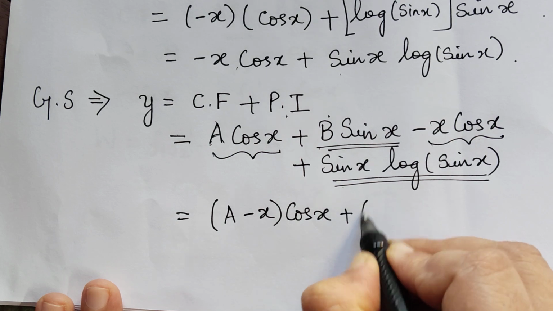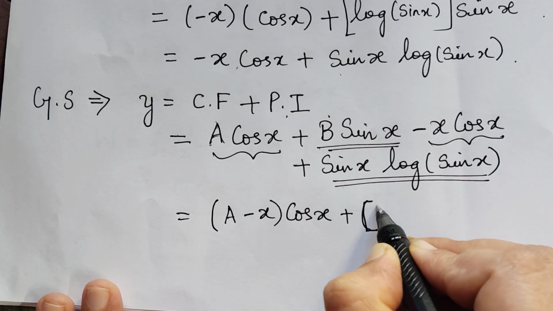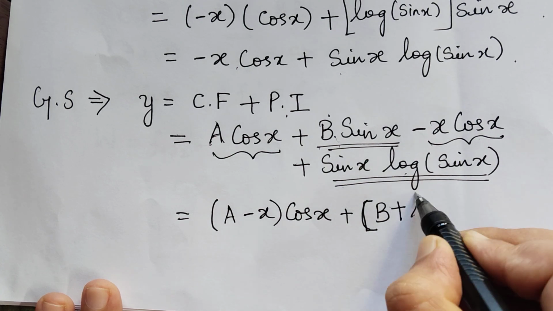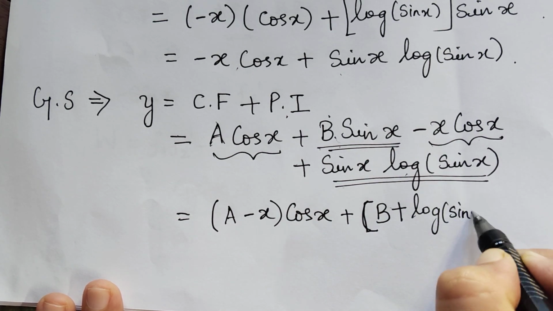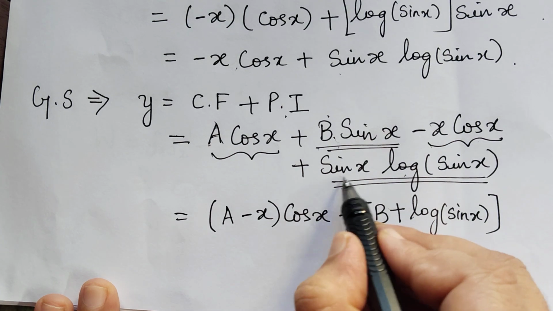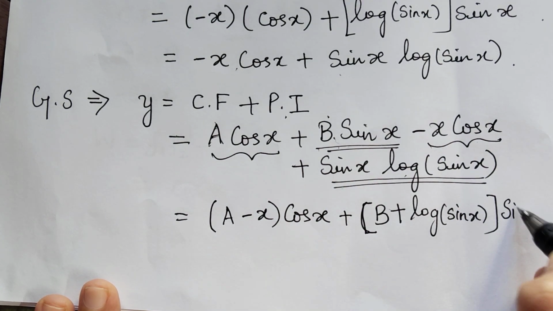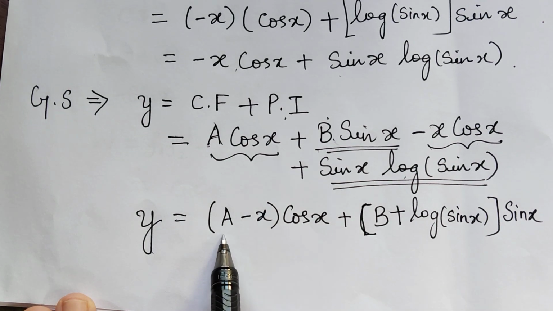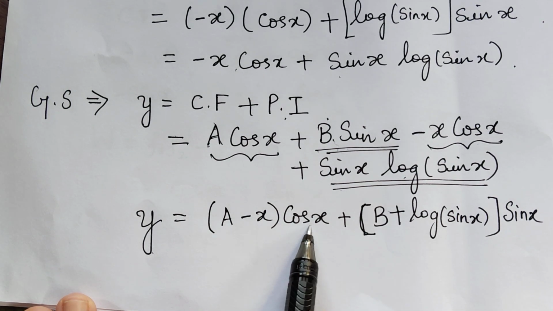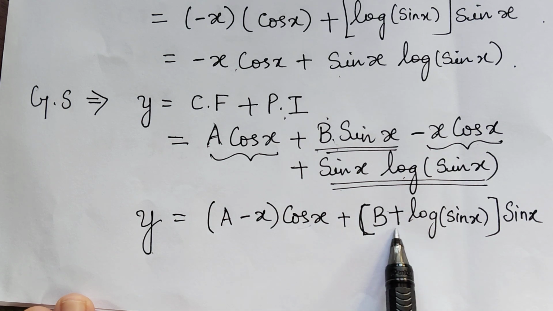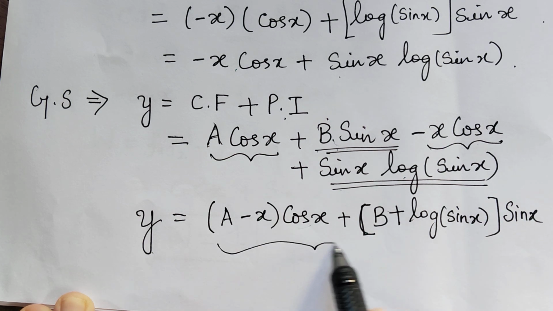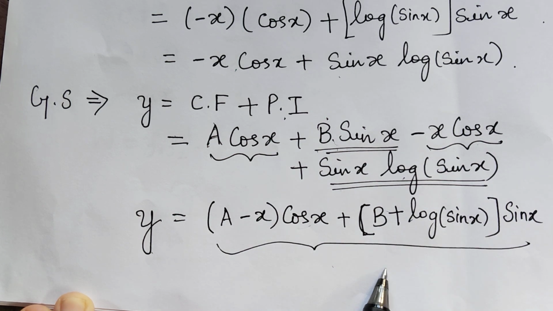If we take sin x in common, we will have b plus logarithm of sin x multiplied with sin x. Therefore the general solution is given by y equal to a minus x multiplied with cos x plus b plus logarithm of sin x multiplied with sin x. So this gives us the general solution which we have found by using the method of variation of parameters.